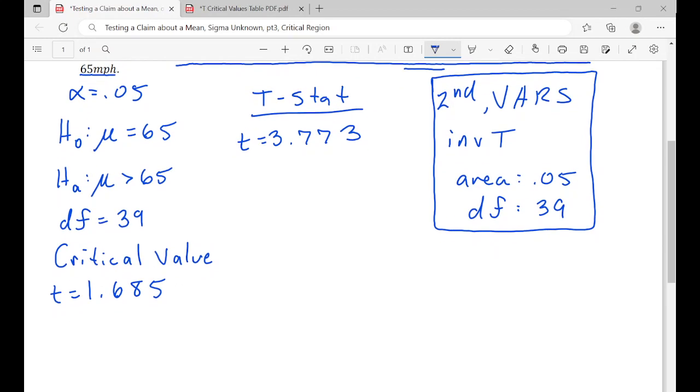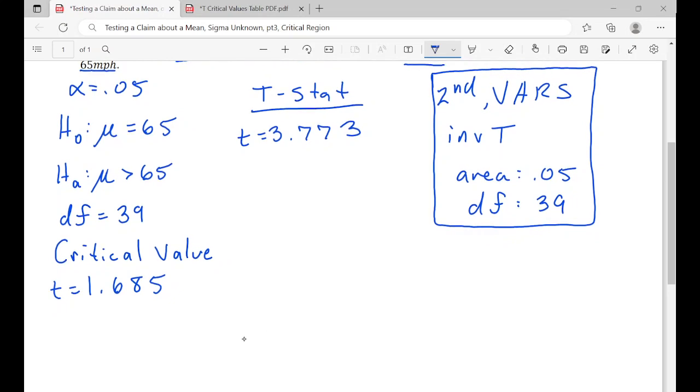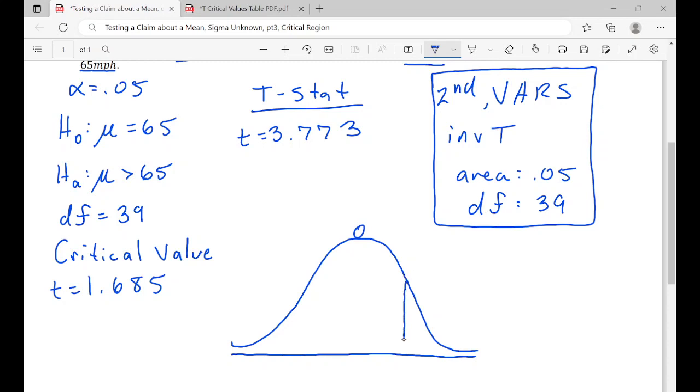So now that we have our test statistic and our critical value, we can use the critical regions method to see whether we reject or fail to reject. Our critical value is what we're going to use for the critical region, and 1.685 is, I'm going to just eyeball it, zero in the middle, I'll say it's right here. 1.685, and since it's right-tailed, I want everything shaded to the right. Now this is where our test statistic comes in.